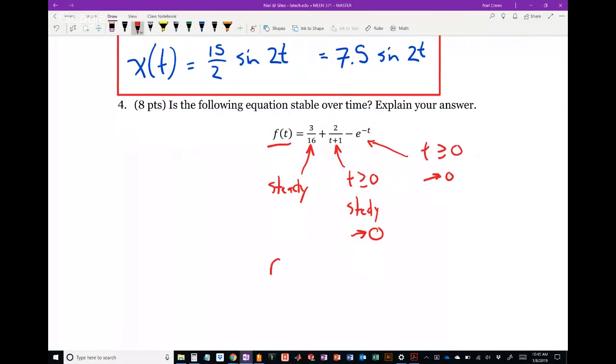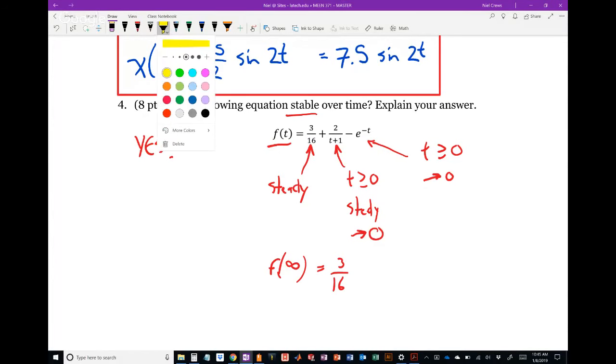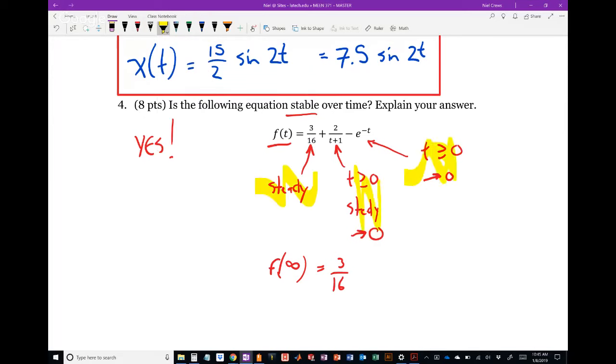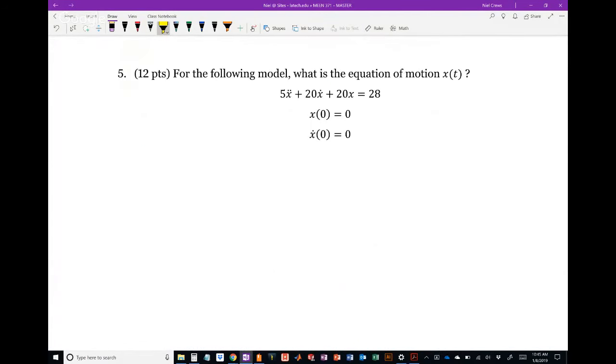So f of infinity then is a constant. It is stable, and that's going to be 3/16. So the answer is yes, it is stable, and some sort of an explanation like this is what I'm looking for. Okay.